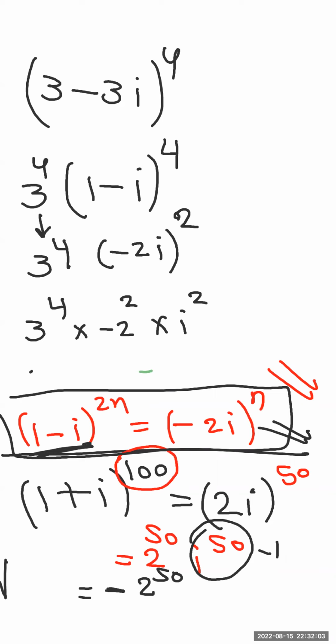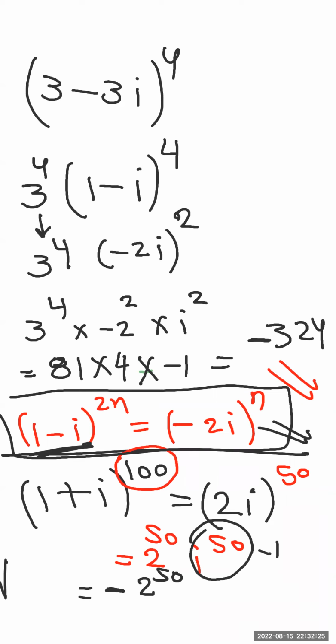So simply 3 to the power 4 equals 9, 27, 81, I guess. 81. (-2) squared is 4, times i squared, the -1. So -4 times 81, 324, right? That's it.